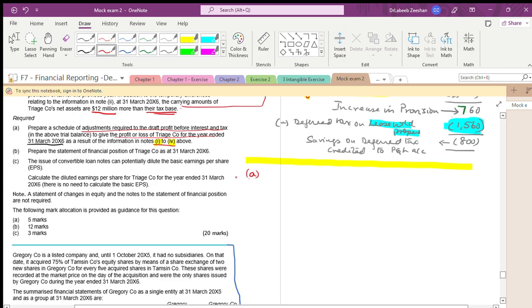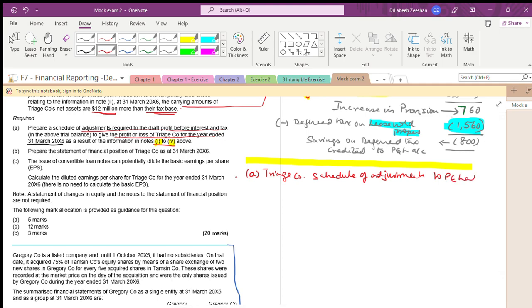Point number A, prepare schedule of adjustments to profit and loss account for the year ended 31st March 2006.